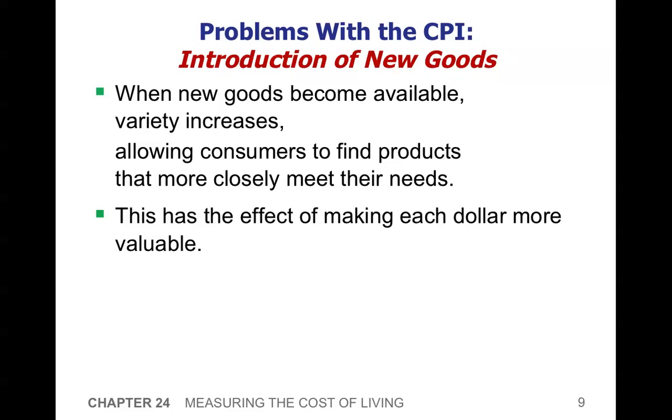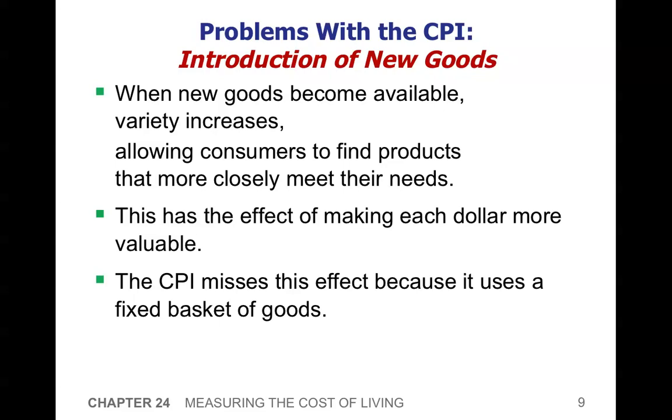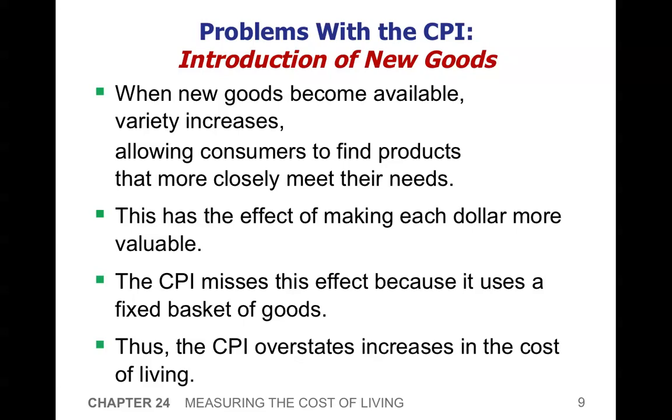In other words, a dollar is buying a good that is more meeting consumer needs, like an iPod or the iPhone, or God forbid the iPad that a lot of people are using for their Apple computer now. The CPI misses this effect because it uses a fixed basket of goods. Thus again, the CPI overstates increases in the cost of living.